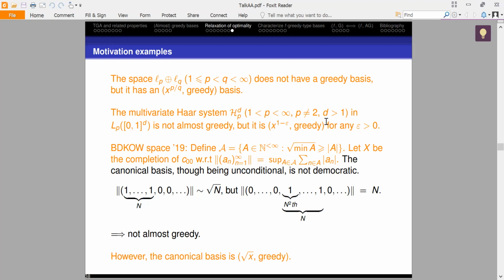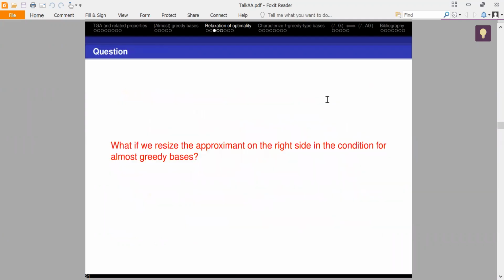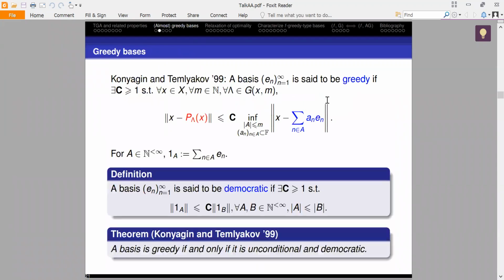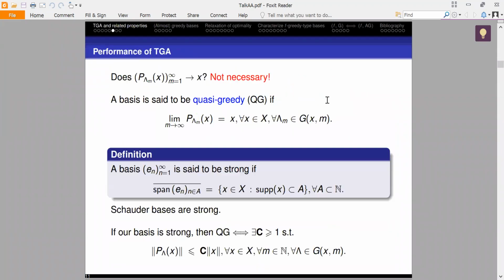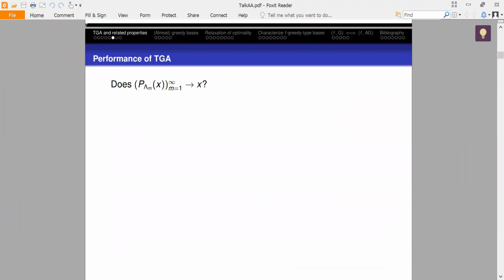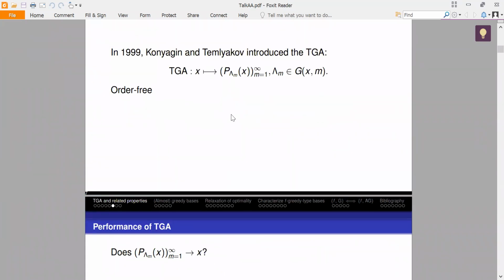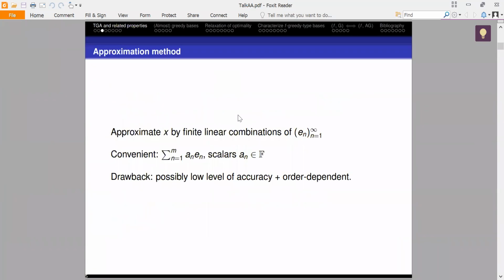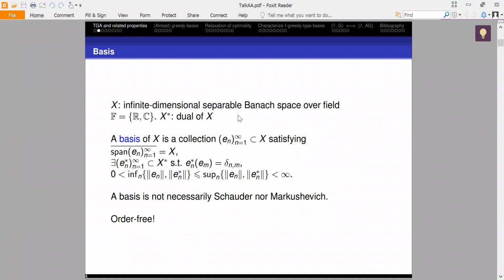I have a little question. Yeah, please. At the very beginning of your talk, you mentioned some relation between greedy and Schauder bases. Could you show the slide once again, please? Somehow I cannot click here, so I need to go slide by slide. I guess you are talking about this slide, maybe?